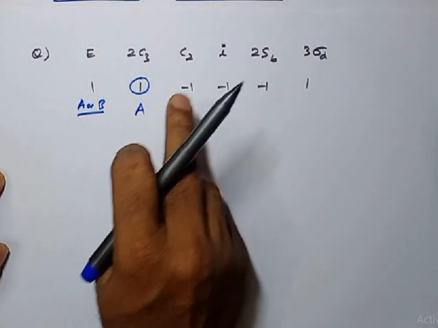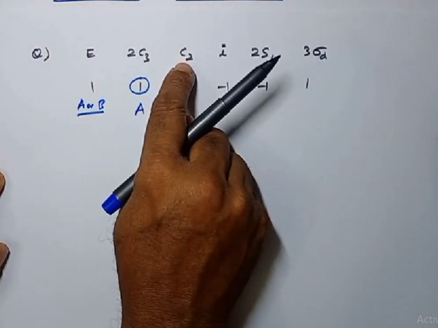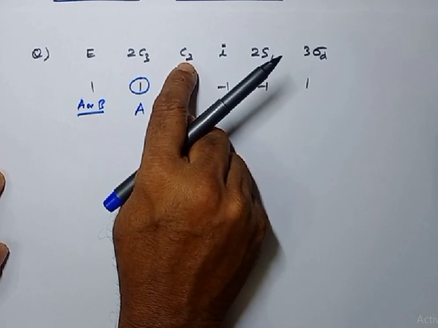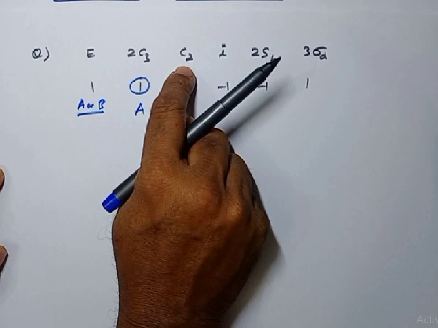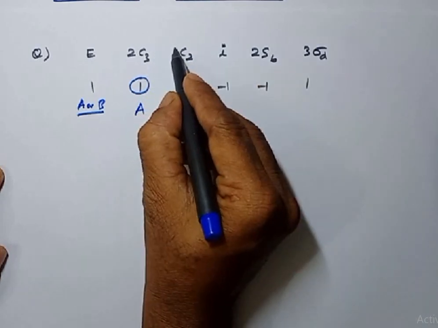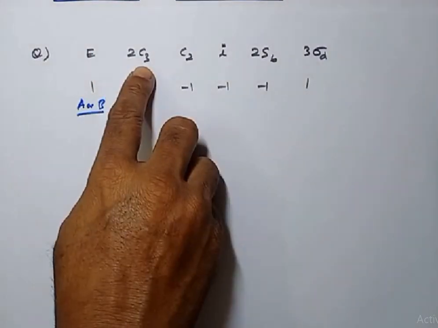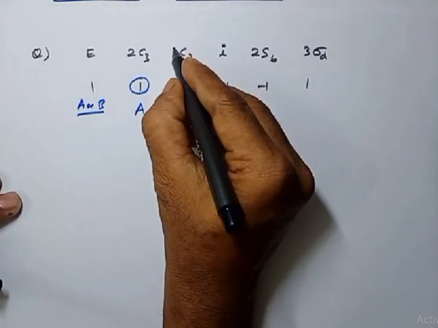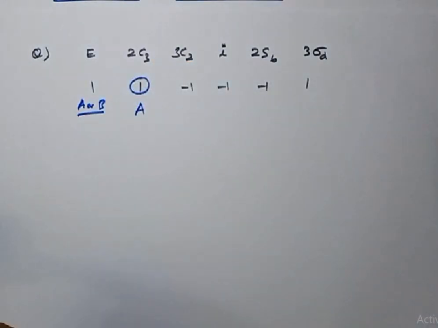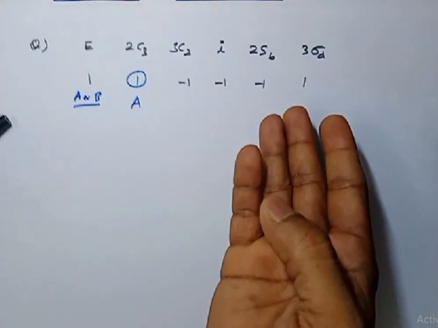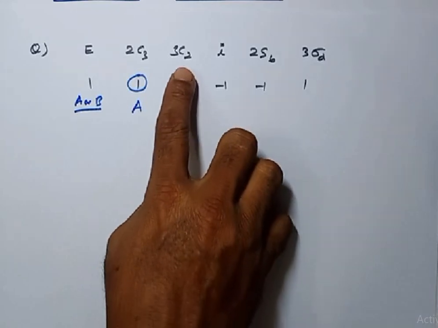Then there is no vertical plane, so we should see the C2. I just made a mistake. This is actually 3C2, because of the Cn axis, so there are 3C2. All these 3C2 axes are perpendicular to the principal axis. Since the vertical plane is absent, I'm just using C2.